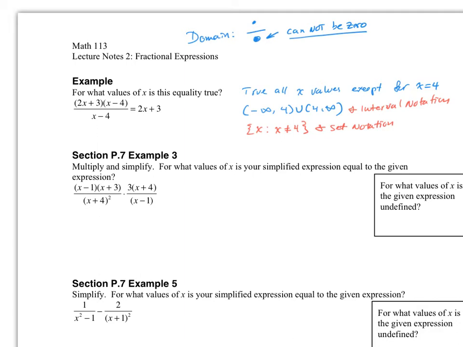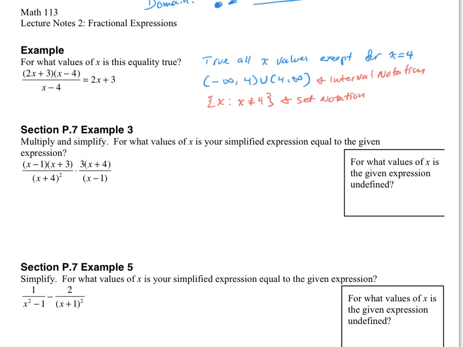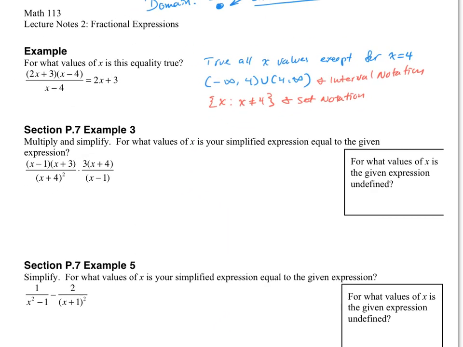Now, before we simplify this, let's look at the box on the right side, which says, for what values of x is the given expression undefined? Remember, undefined is referring to the domain, and the domain of this expression is all the real numbers except when x is equal to 1. So x cannot be 1, and for this part, x cannot be -4.